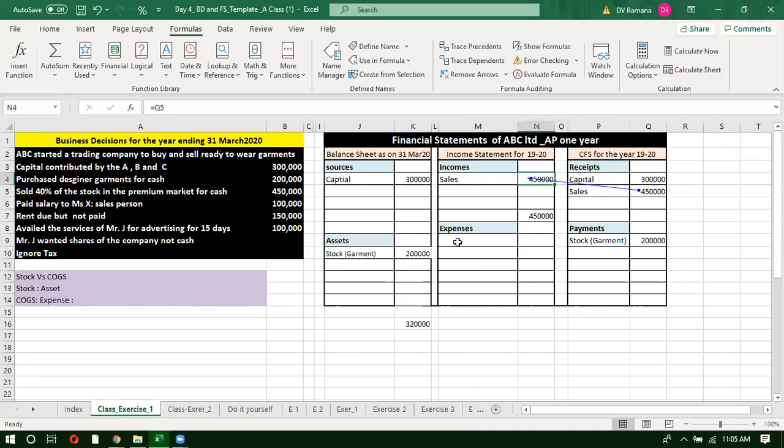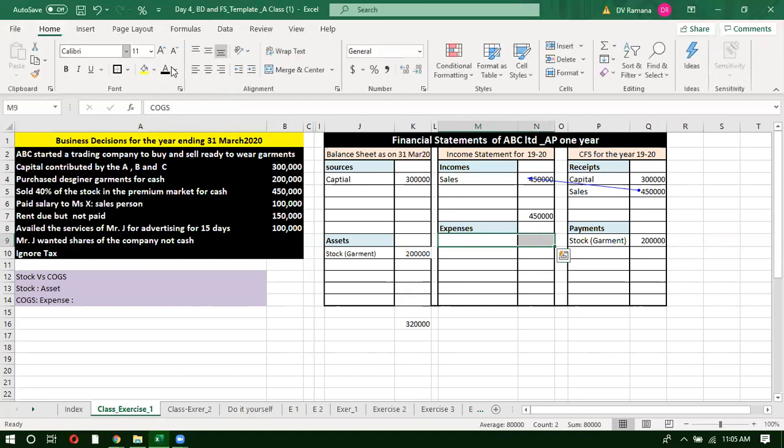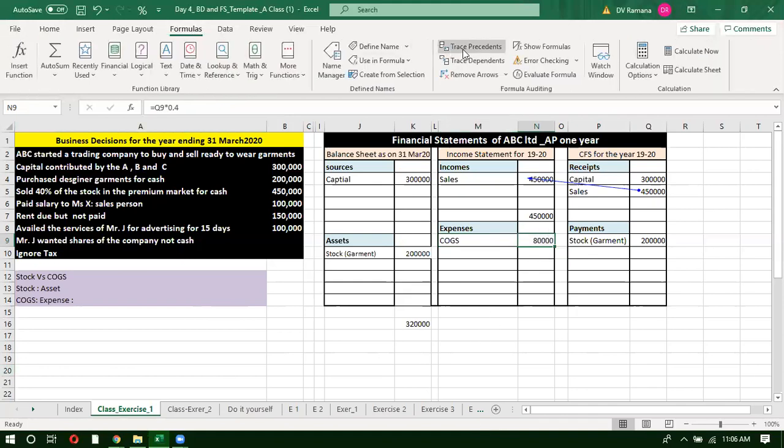And because we know that of matching concept to determine profit, we need to show the corresponding cost of goods sold. And the corresponding cost of goods sold is 40% of the stock. So as a result, stock will reduce to the extent of the goods sold. Okay, stock was 200,000, stock has come down.